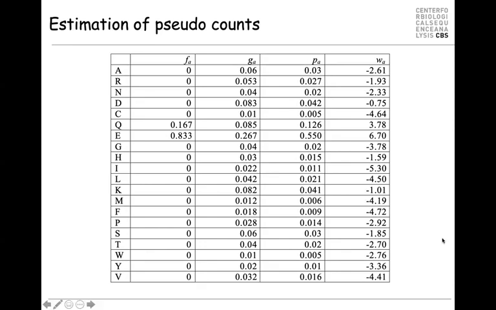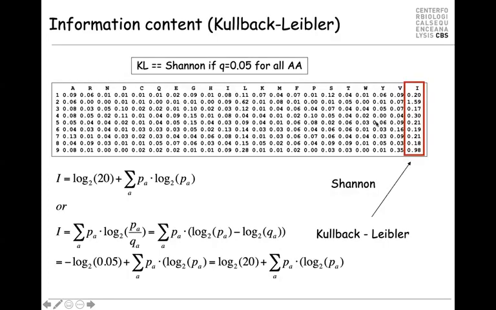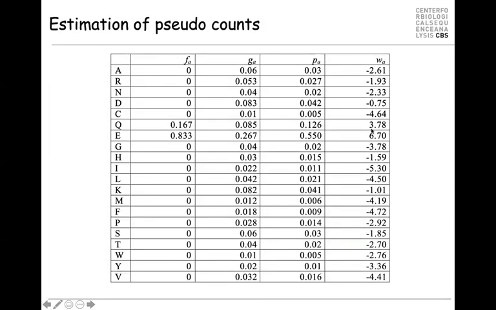So again, just to appreciate that you look at the data and you get, of course, positive weight matrix values for the Q and the E, as you would expect, because those are the ones you have seen in the data, right? But for instance, the value for D, so D and E, they are similar in side chain structure.